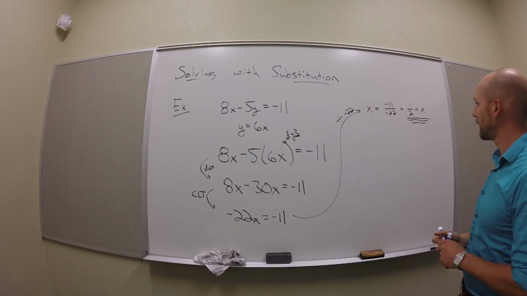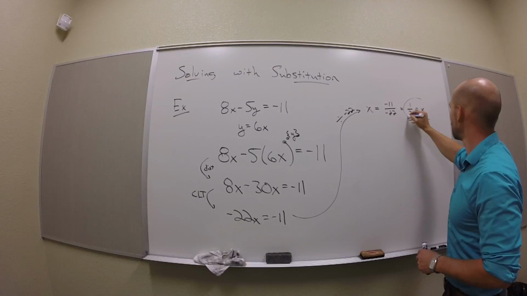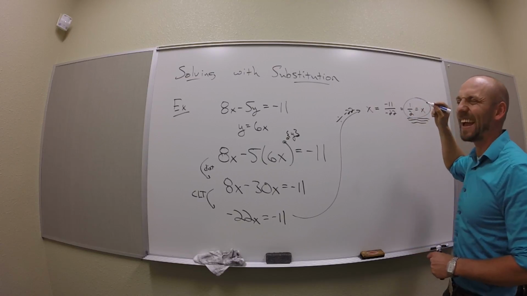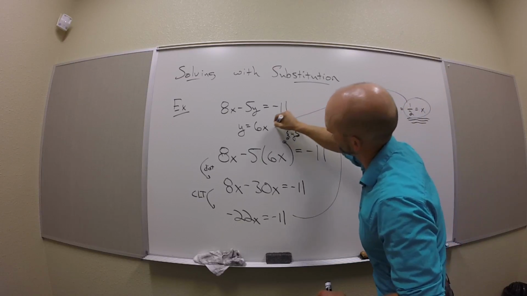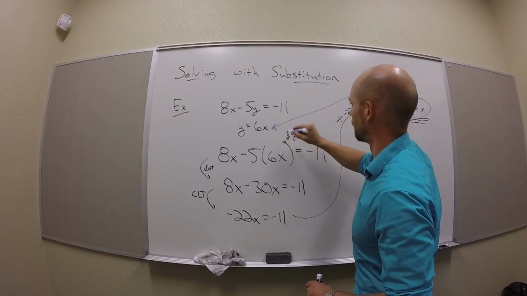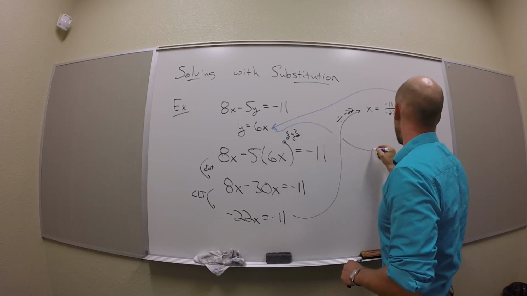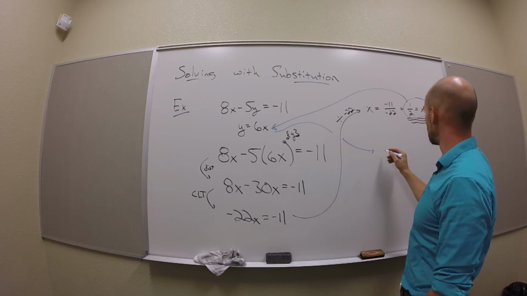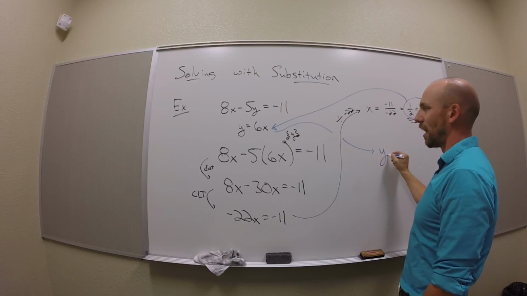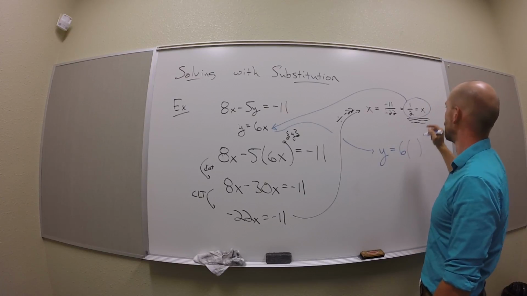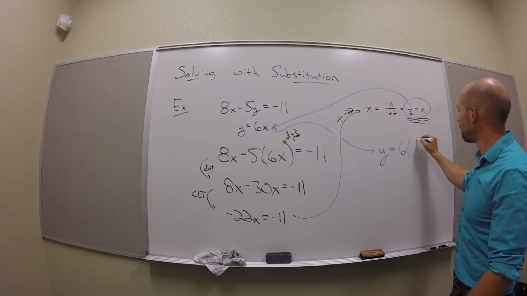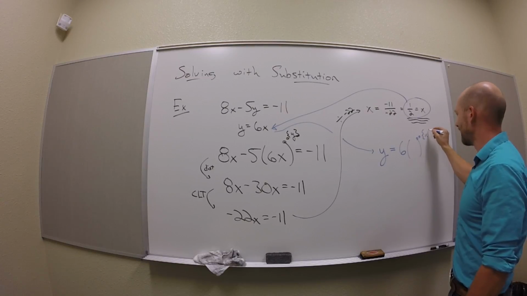So, take that information, knowing what x is, and substitute again to find out what y is. So if I take that over here, that's going to look like me saying, okay, y is 6 times, and here I'm thinking x, right?